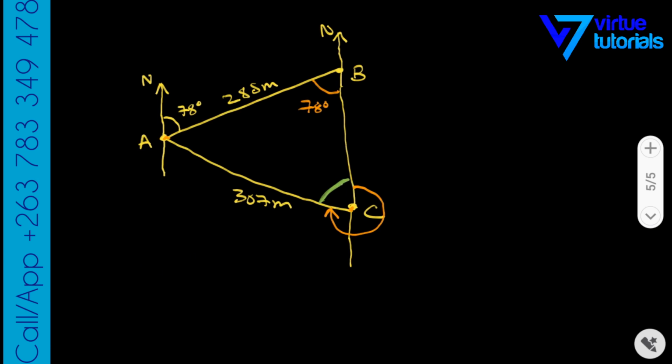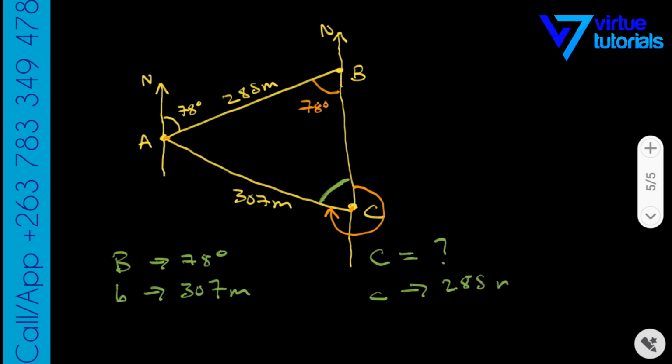So we know that B is 78 degrees, and then the side b, which is opposite B, is going to be 307 meters. And then we know C, the angle, is unknown, but the side opposite C is 285 meters. So we can actually calculate the angle C. What do we write?